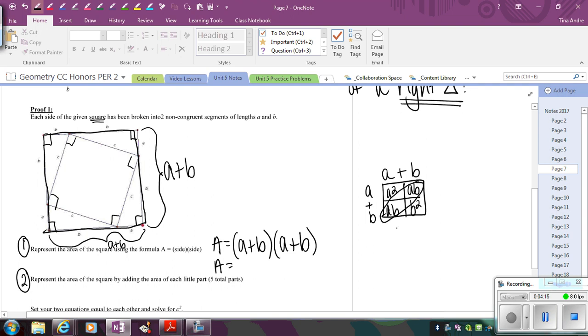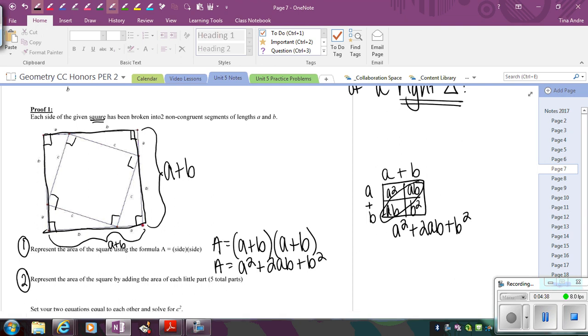My like terms occur in the diagonal, so it's going to be a squared plus 2ab plus b squared. So that's my result. I'm going to just rewrite it over here: a squared plus 2ab plus b squared. That's the area of this entire square using the side lengths.